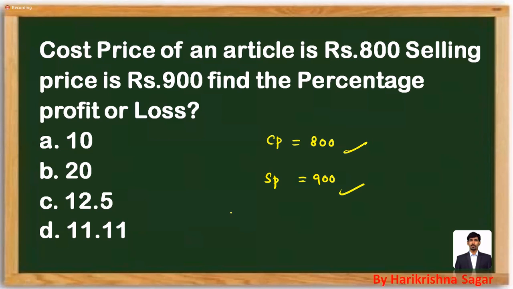With 800 and 900, I can definitely say it's going to be a profit. Always remember cost price is the base value. On top of 800, there is an increase of 100. It is giving the result as 1 by 8. 1 by 8 is nothing but 12.5 percent, which is available as option C.